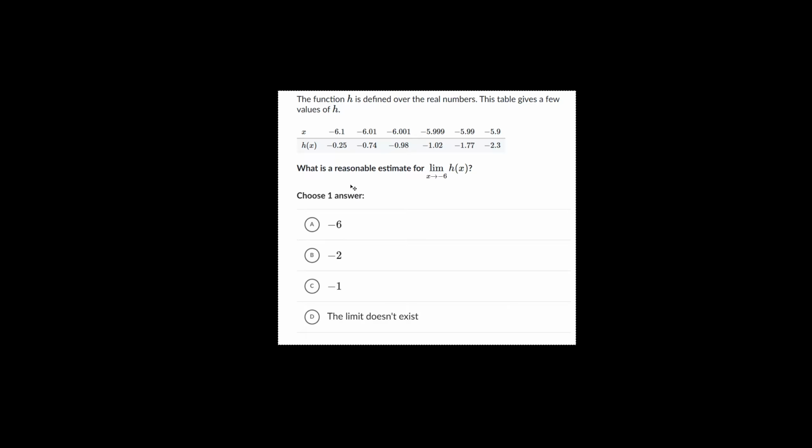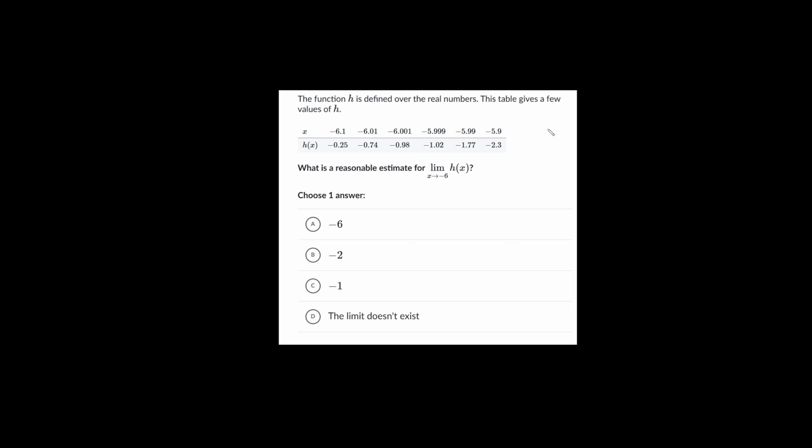So we're gonna start with this question pulled out of Khan Academy. Okay, the value of a function h is defined over the real numbers.